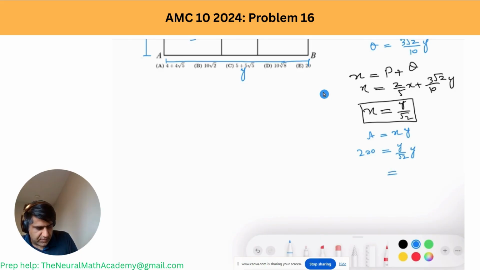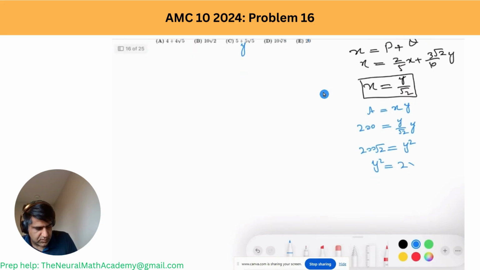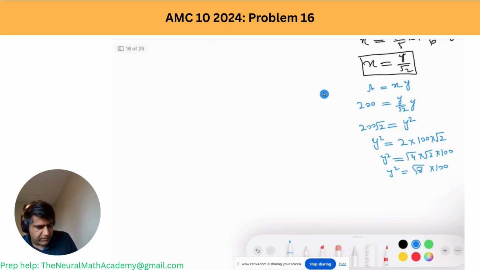So now I can write y square equal to 200 square root 2, or I can also write it like this, or we can write it as, so now if I take square root on both sides, I would get y equal to, multiply by 100, and so sorry, it would be now 10.